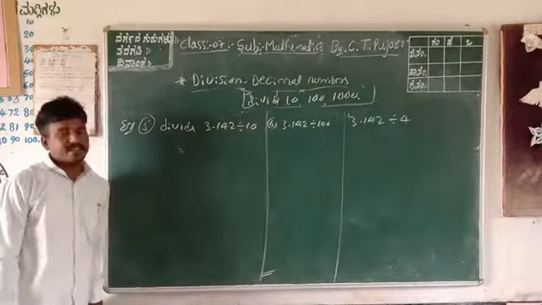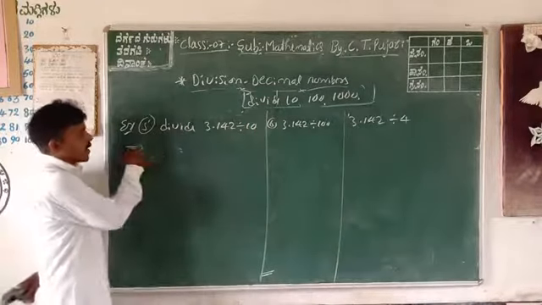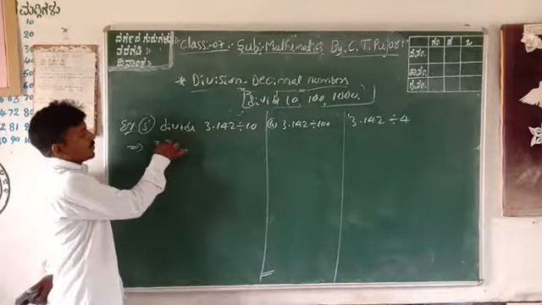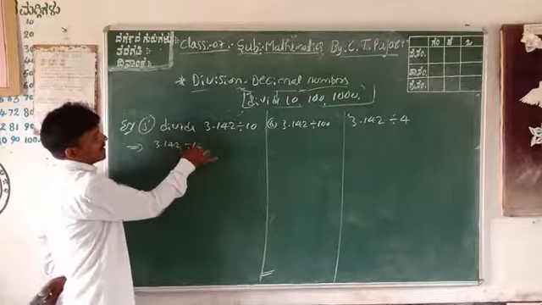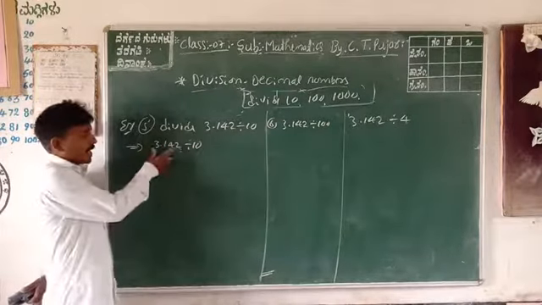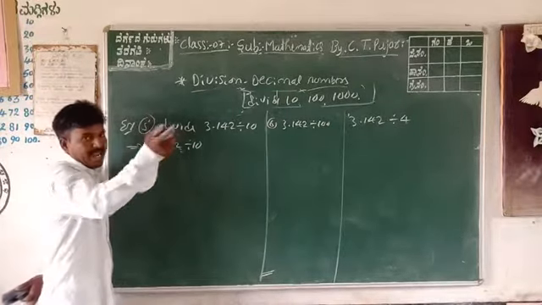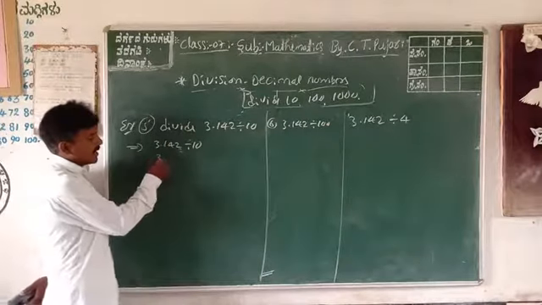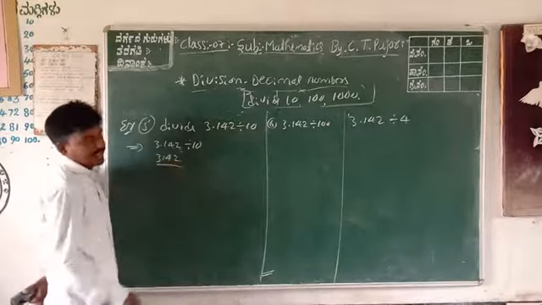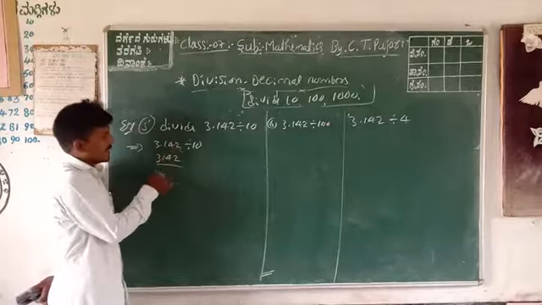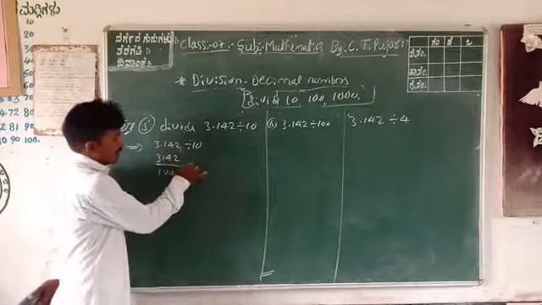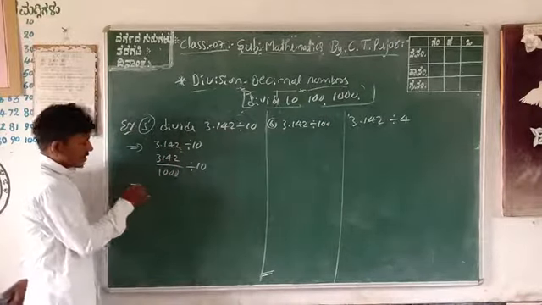You can practice all these numbers. Therefore, what is the solution? Again, 3.142 divided by 10. Again, you can convert this decimal number to a fraction. The fraction is 3142 divided by... how many digits are here? 3 digits, that is 1000. Divided by 10. Next, simplification.